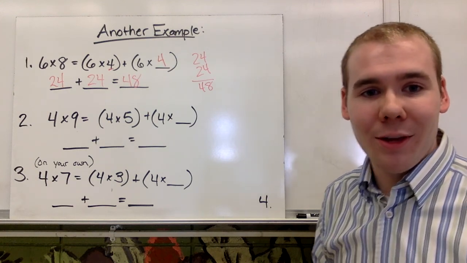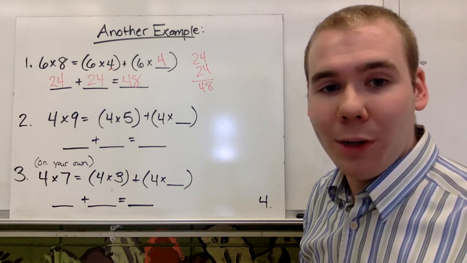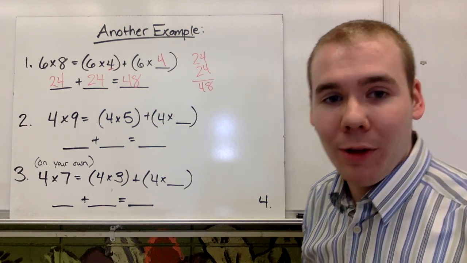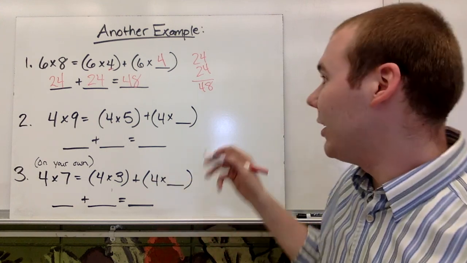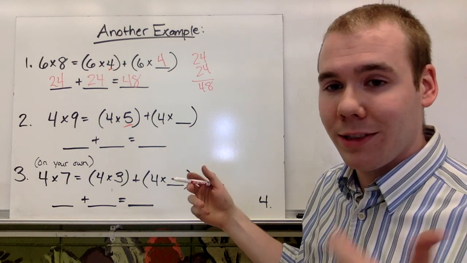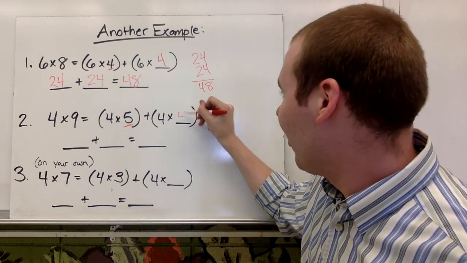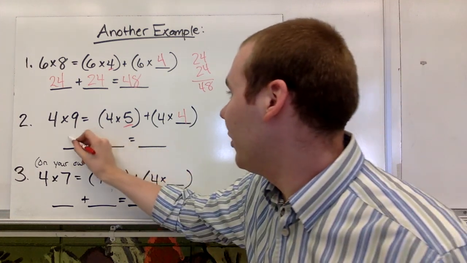All right, let's go on to another one, and then you have one on your own to do and bring in for me tomorrow. 4 times 9. All right, we know that 4 times 5 is 20, but what 5 plus what will give me 9? So 5 plus, think about it, 6, 7, 8, 9, 4 more will give me 9. So 4 times 5 is 20.